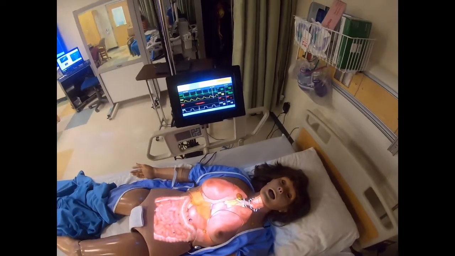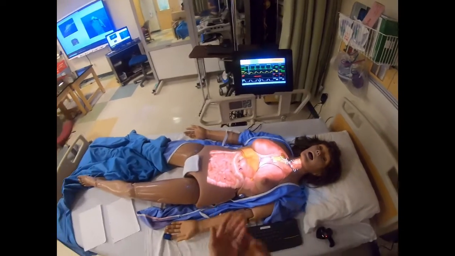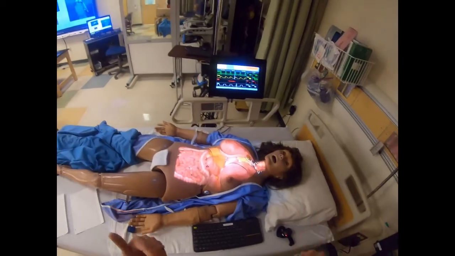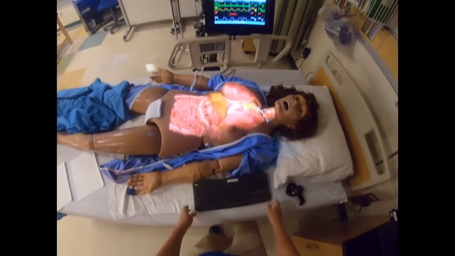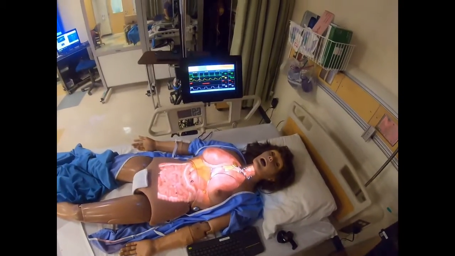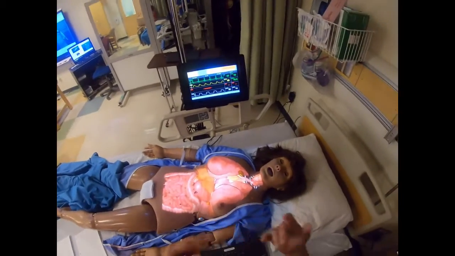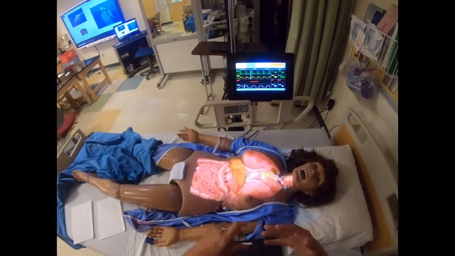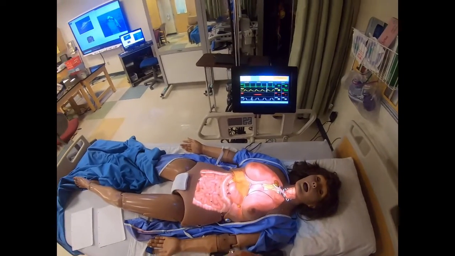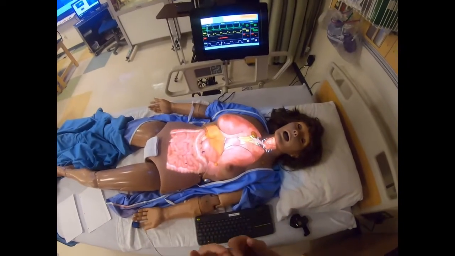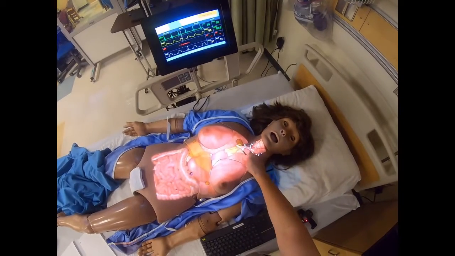So if our patient has a low pulse oximetry, we said anything under 94 we're okay with, but anything under 90 will cause us concern. We can do one of two things. We can administer oxygen to increase the pulse oximetry, or give medications such as bronchodilators to help open these airways.